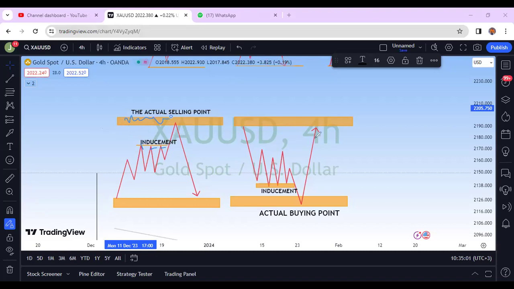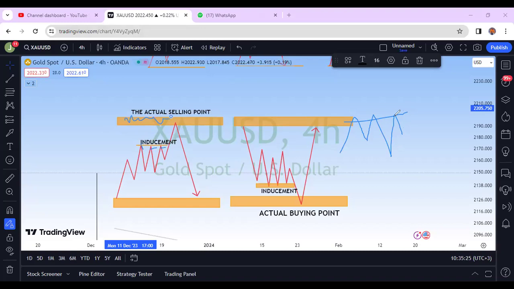And what do we know? Basically, what do we have at the back of our minds? That every time the market forms a double top, we are most likely to sell from the zone. So when the market is revisiting this point, we are likely to sell from there. But according to me, that is not the best time to short the market based on double tops or long the market based on double bottoms.